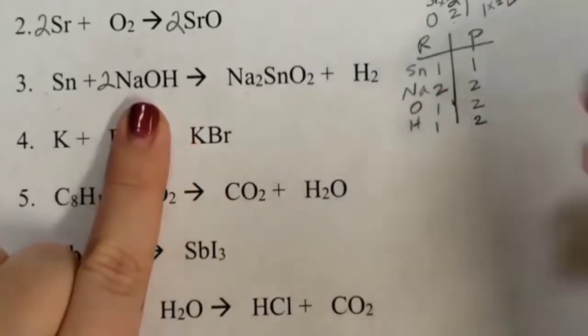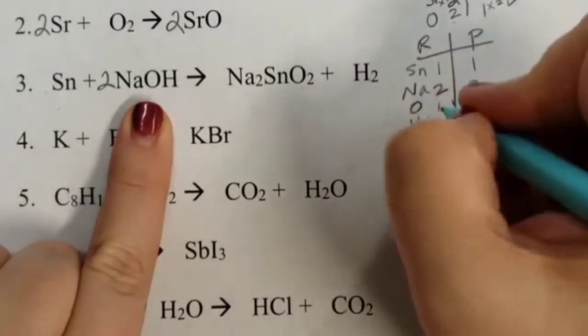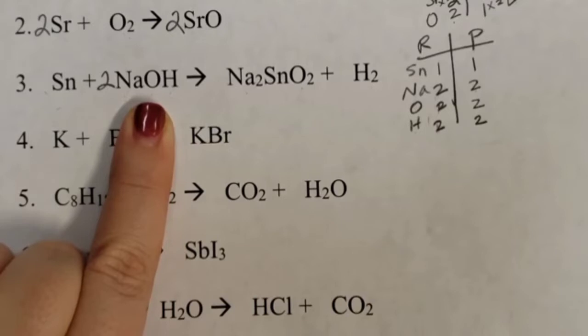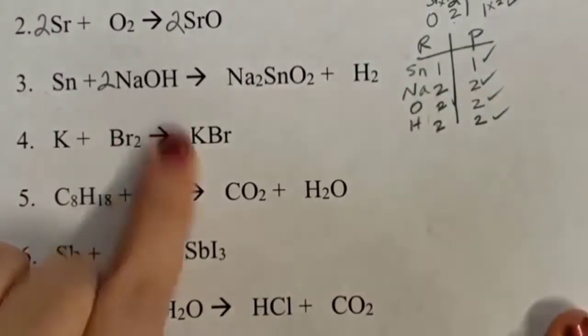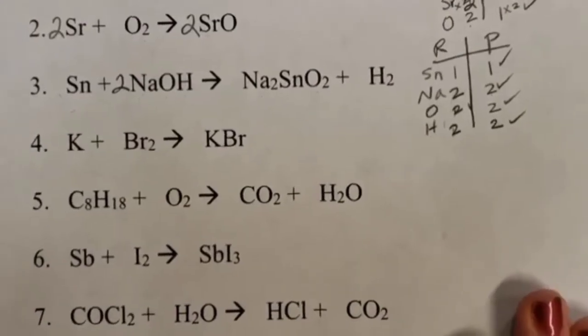But it also makes these 2 too. Oh, hey, wow, one number fixed everything. That's awesome. So balanced, balanced, balanced, balanced. Sn plus 2 NaOH yields Na2SnO2 plus H2. We did it! Super easy.